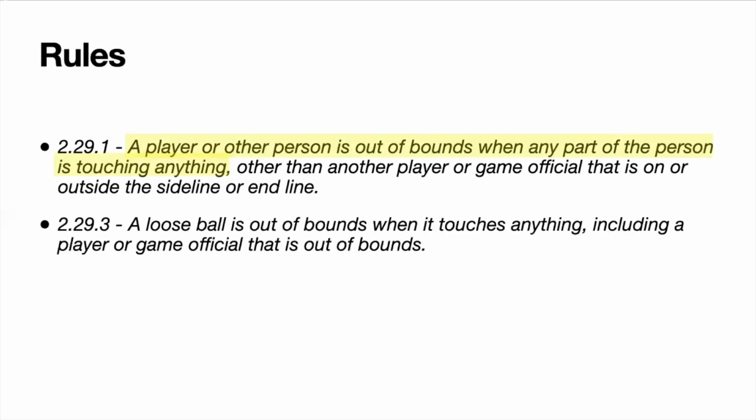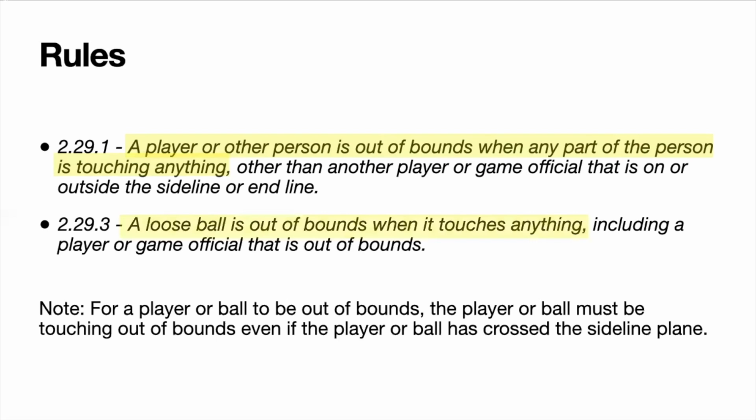A loose ball is out of bounds when it touches anything, including a player or game official, that is out of bounds. So if a loose ball is touching a player out of bounds, that means the ball is out of bounds. It doesn't matter if the player or ball has crossed the sideline plane.